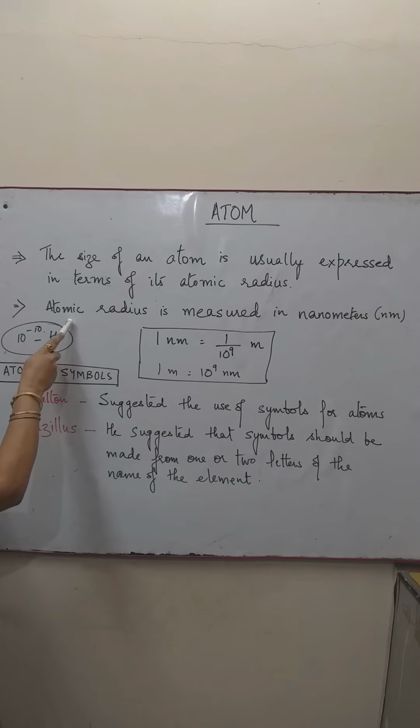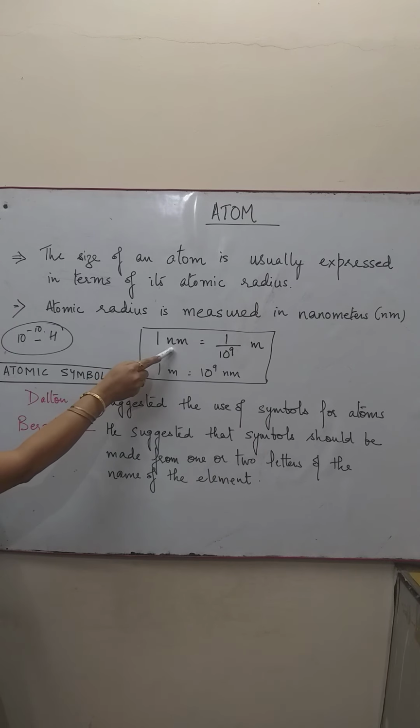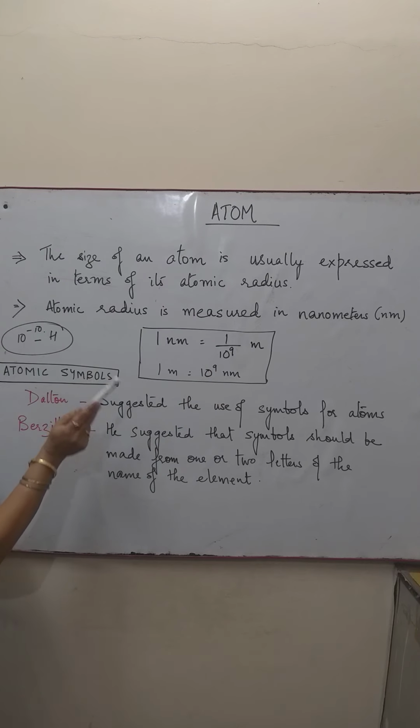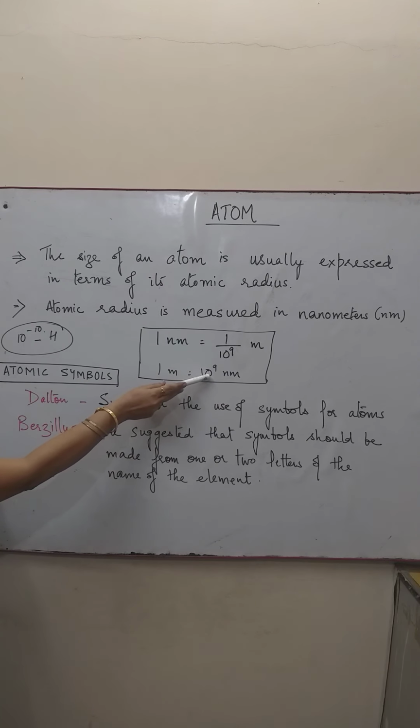Atomic radius is measured in nanometers, represented as nm. 1 nanometer is equal to 1 by 10 to the power 9 meters. That means 1 meter is equal to 10 to the power 9 nanometers. This is extremely small.